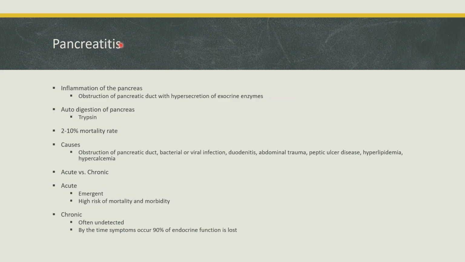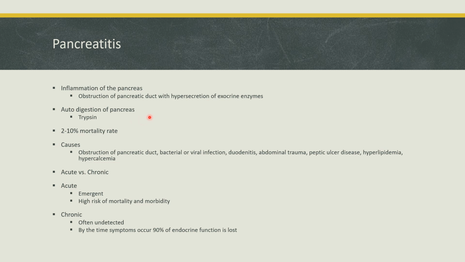Where we get problems in pancreatitis is there's something causing some sort of inflammation of the pancreas, which is going to cause those enzymes to be released outside of the ducts and into the actual pancreas themselves. And these enzymes are used to break down our food, right? They break down what we eat.